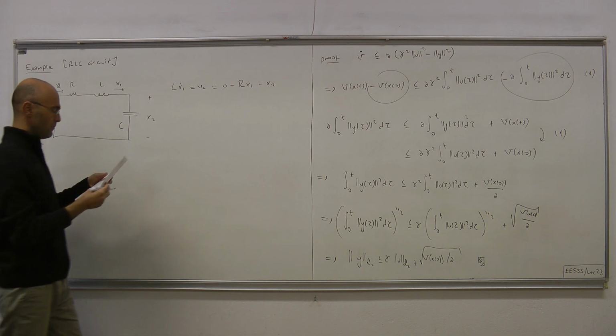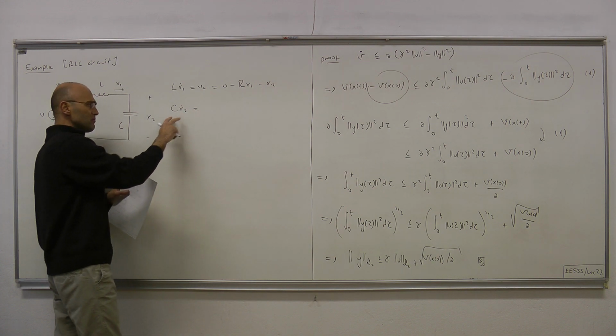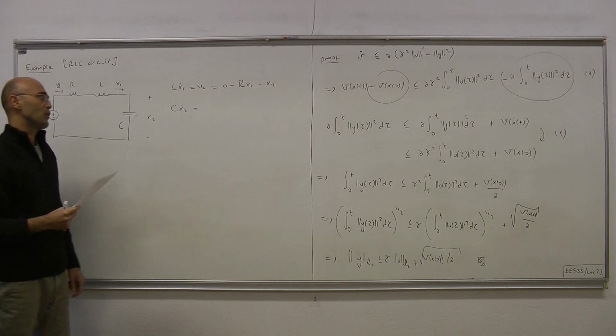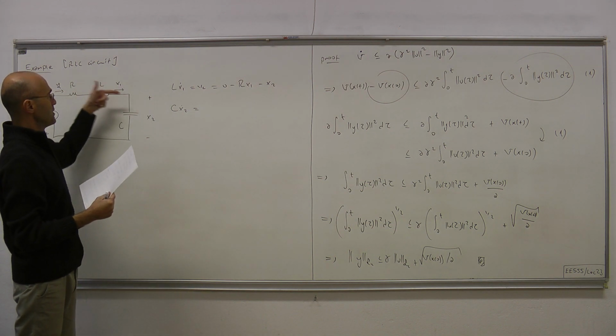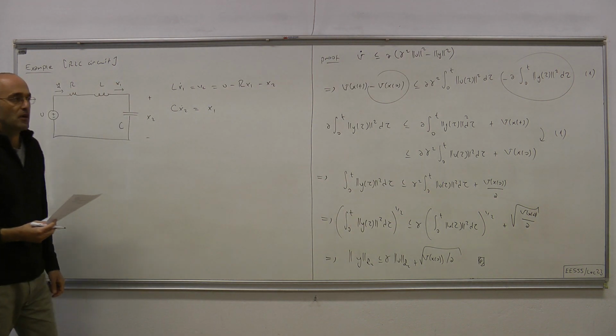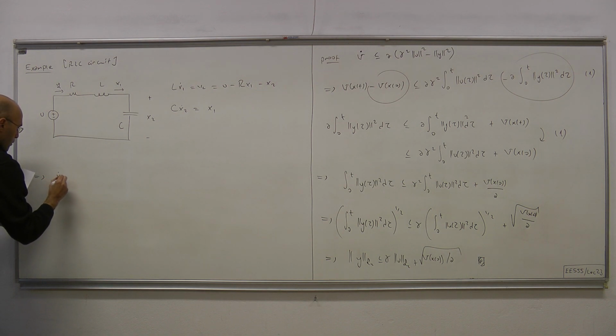And how about the other state equation? C x2 dot. This is the capacitor current by the terminal equation of the capacitor, and the capacitor current by KCL is the same as the inductor current. And that's our state equation. Let's put it in a more organized form.